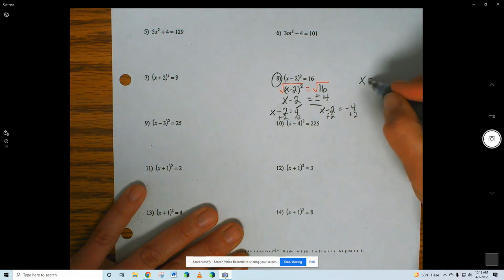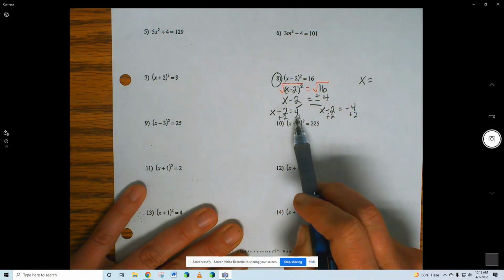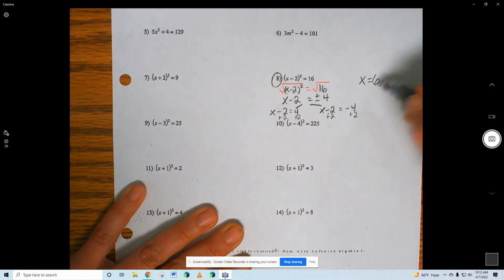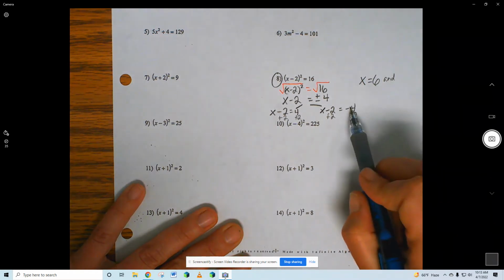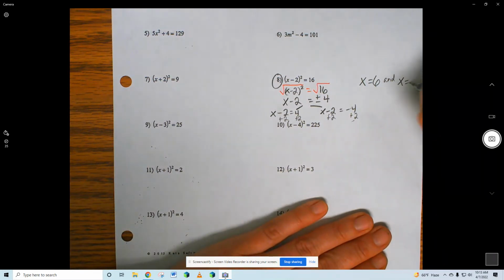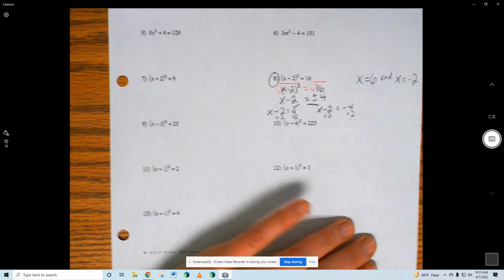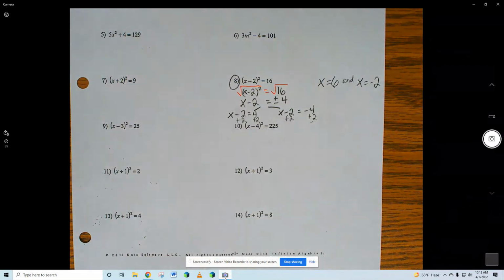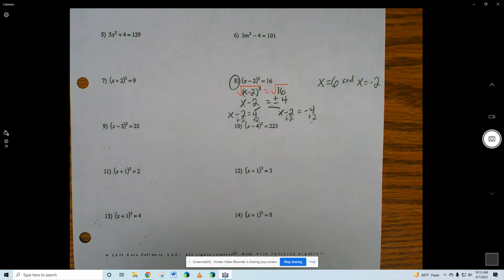So x equals 4 plus 2 is 6. And I'm getting 2 answers. Negative 4 plus 2 is negative 2. Oh, can't even see it. Sorry. Two answers.